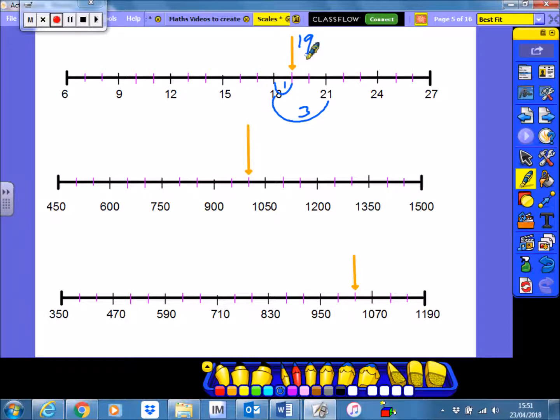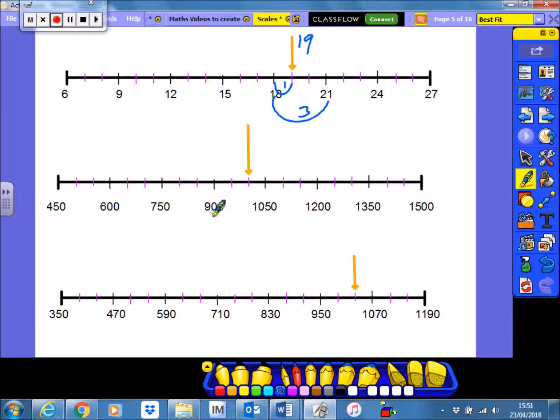However, where it gets a little bit harder, or where the numbers get a little bit bigger. The jumps in this one are 150. Now I worked that out by looking at the 1200 and the 1350, and I can see that that's clearly a jump of 150.